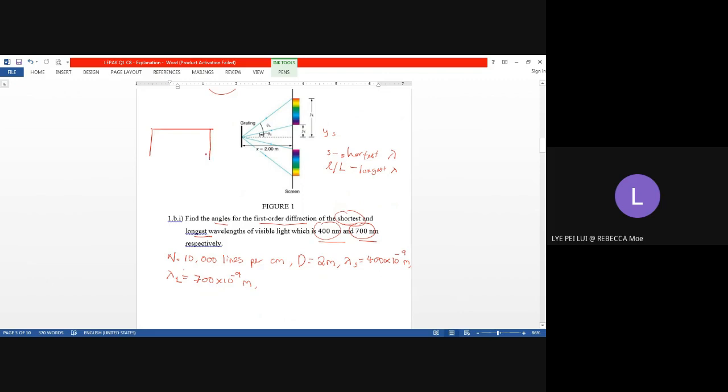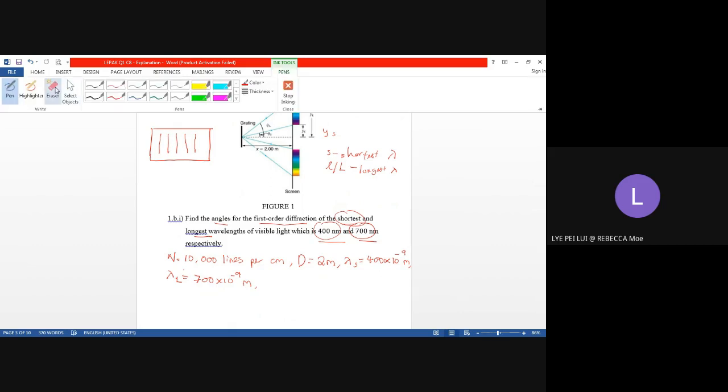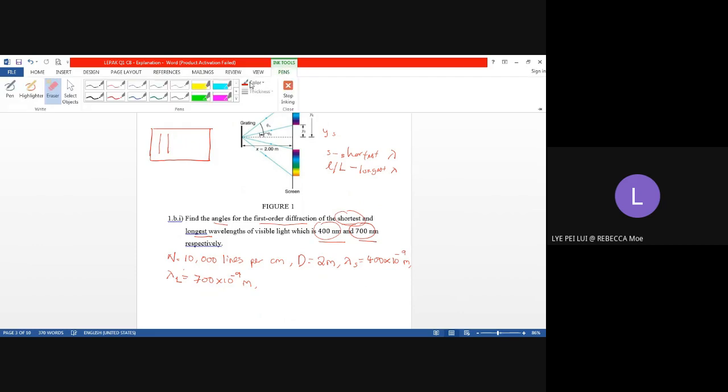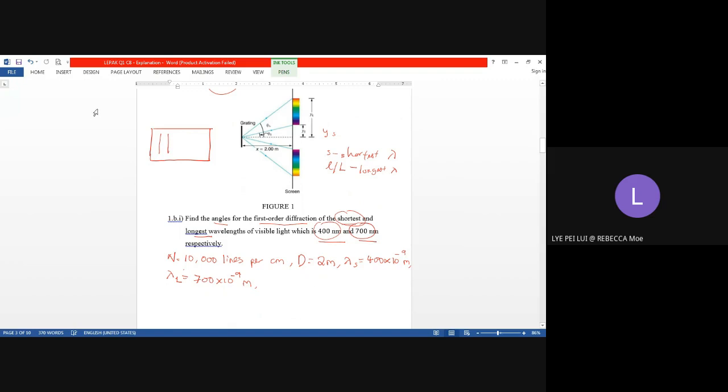Here are the lines, which should be drawn uniformly spaced, like this.